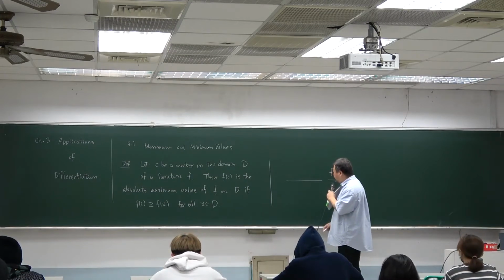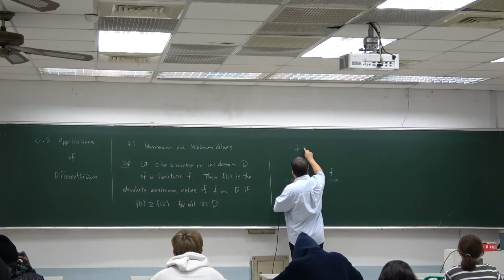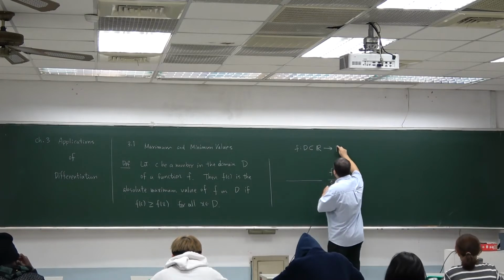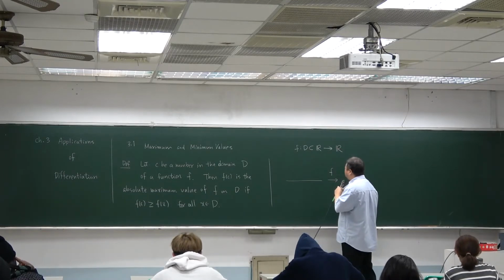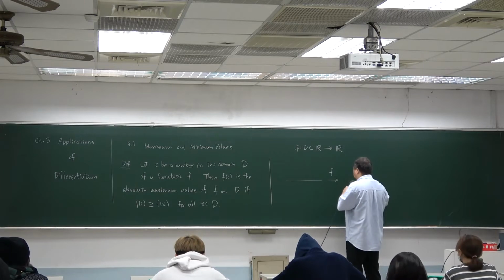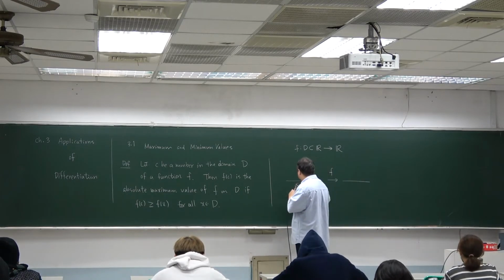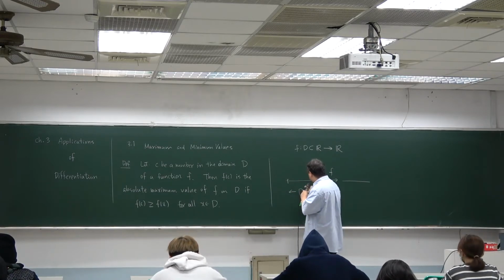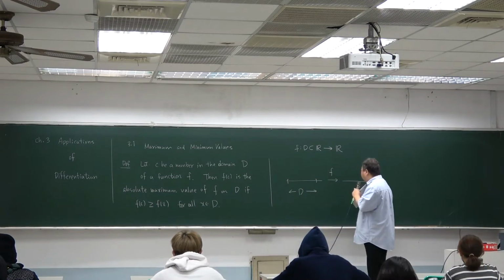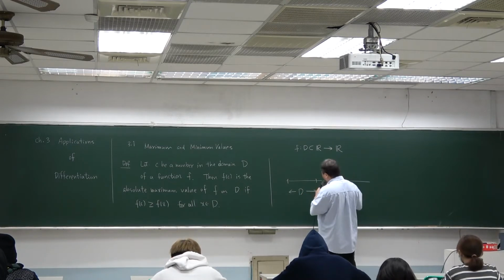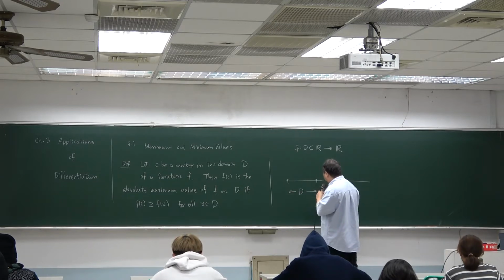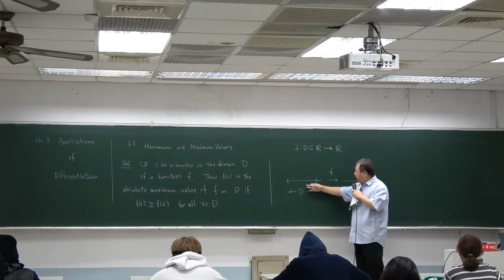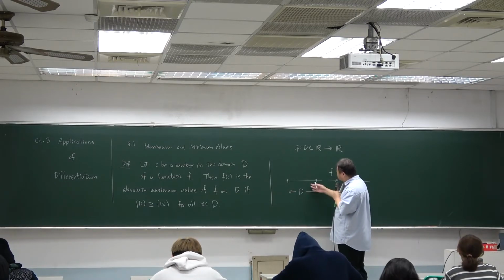So f is a function from some subset of the real number system to the set of all real numbers. Suppose D is a subset, for example, a closed interval maybe. And the range of f means the set of all possible values of this function f on D.